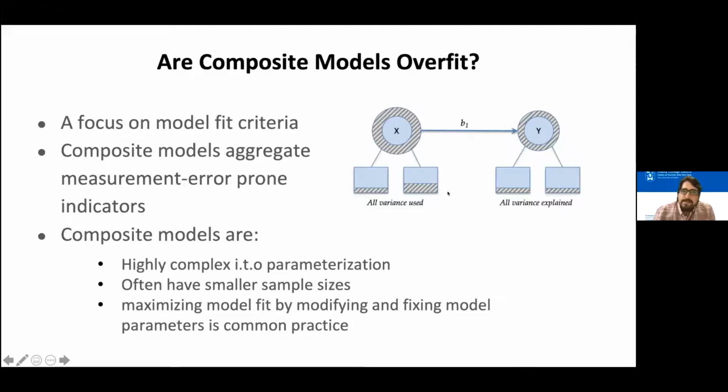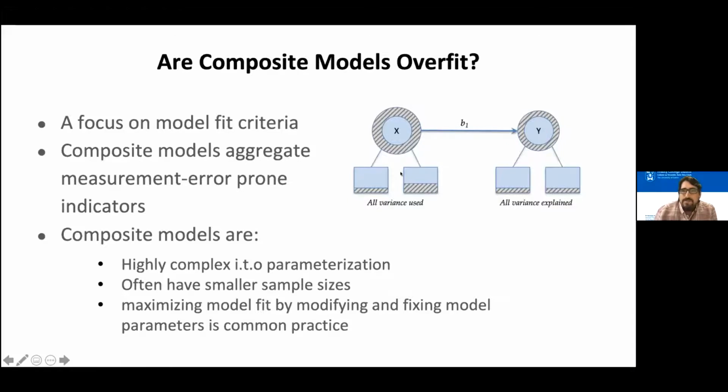To visualize this, I've got, once again, a bit of a toy example, but I hope it's fairly intuitive. I've represented the signal, the variance associated with the signal that we wish to measure by our various indicators, as light blue.